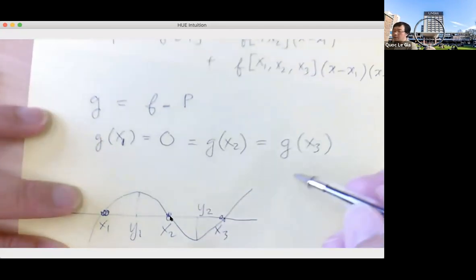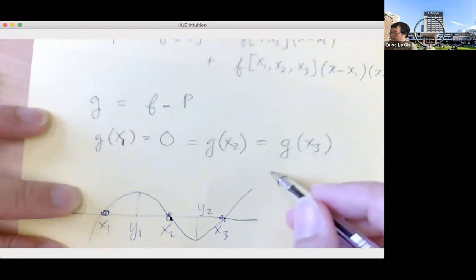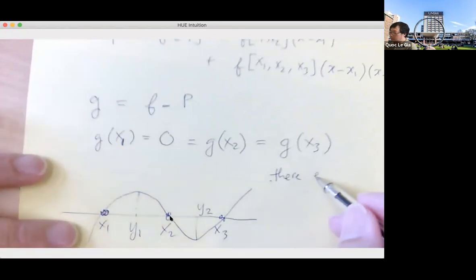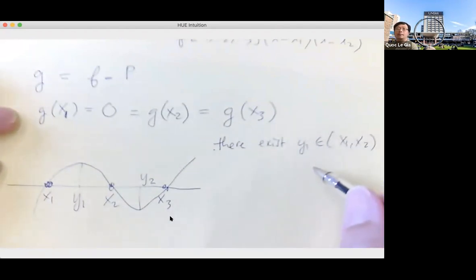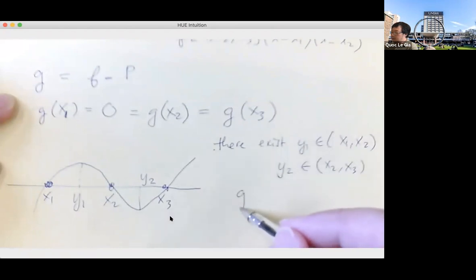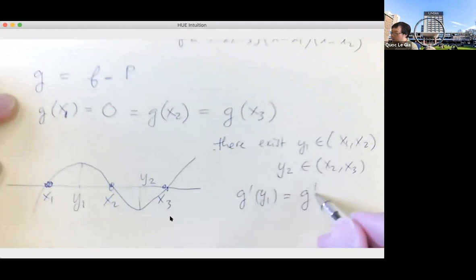There is a theorem saying that there exist y1 in the interval x1, x2 and y2 in x2, x3 so that g prime at y1 equals g prime at y2 equals 0.